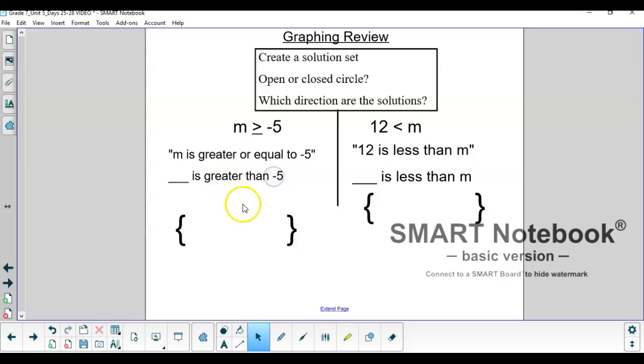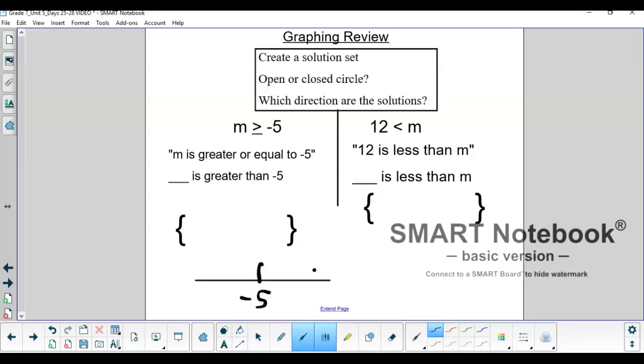The first thing I want to think about is, especially if I think about a number line, may help a lot of us when we go to use the negatives. I know that -5 is here on my number line, and I know 0 would be to the right of that. We are looking for numbers that are greater than. Greater than numbers always go to the right. So if I want the first number that is to the right of -5, or that's equal to -5, I would start at -5.